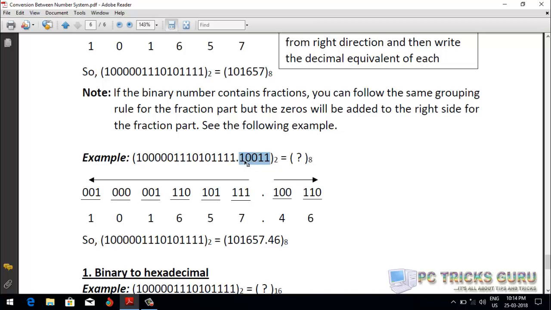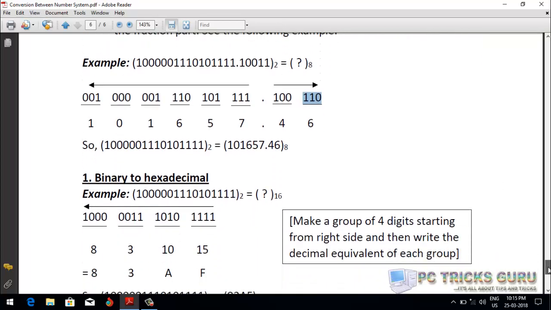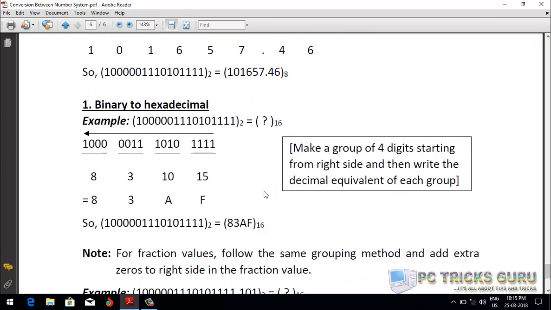See, 100 is the first group of 3 digits, then 11. After 11 we have to add one extra 0, so it becomes 110. Now write the decimal equivalents for all of these groups and you'll get the final result as 101657.46 base 8.